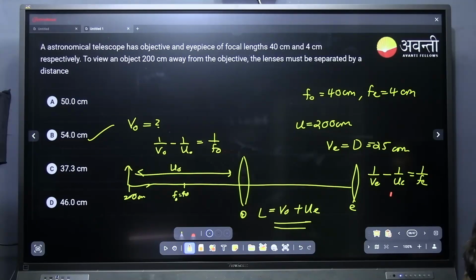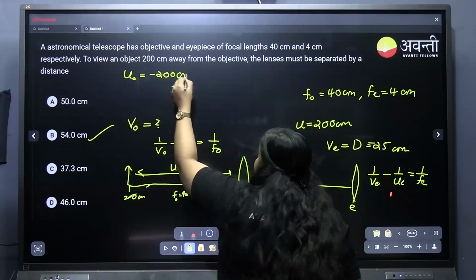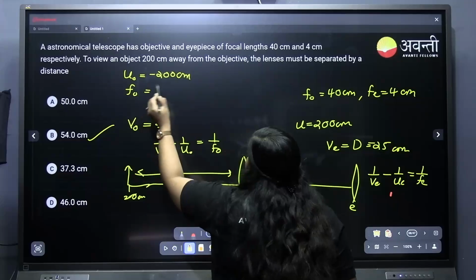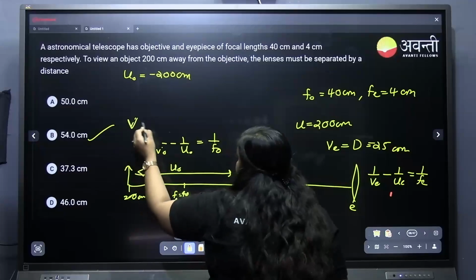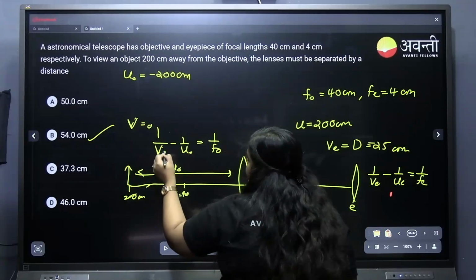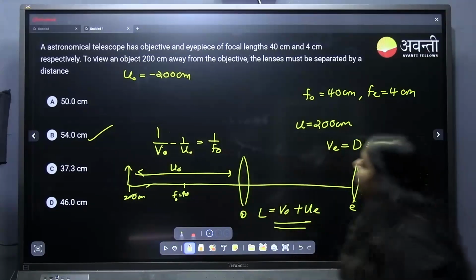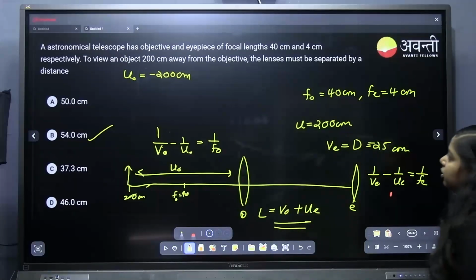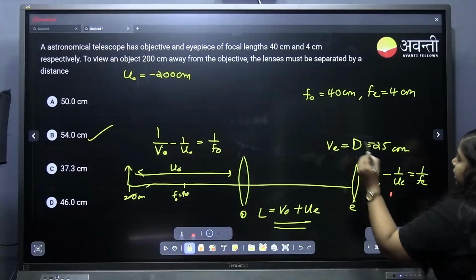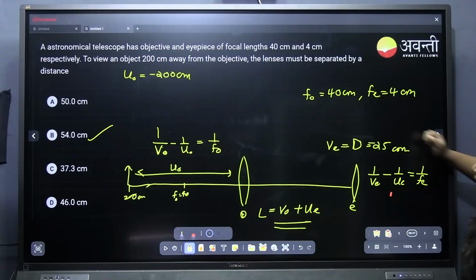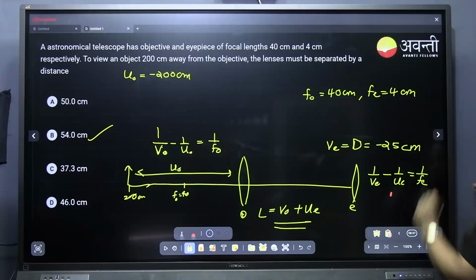UO is given equal to minus 200 centimeter, FO is given as 40 centimeter, and FE is also given. Then we can easily find this. VE is equal to D equal to minus 25 centimeter. With these values we will be able to solve.